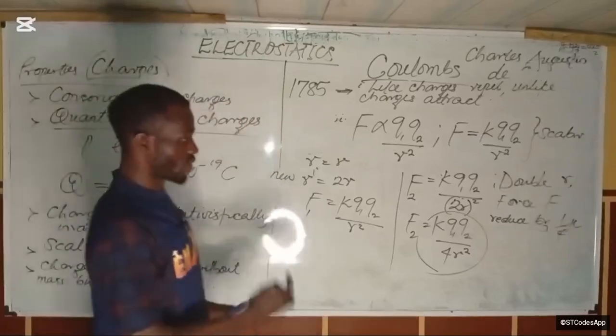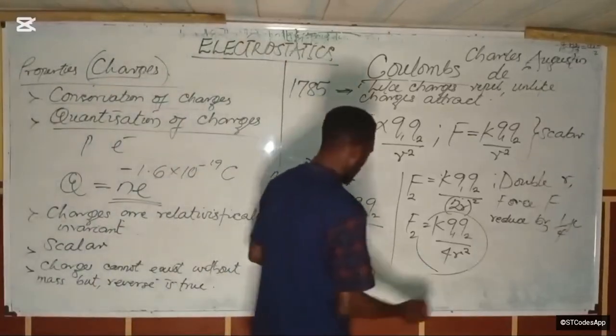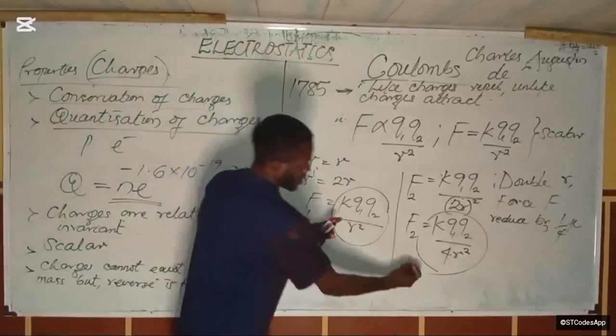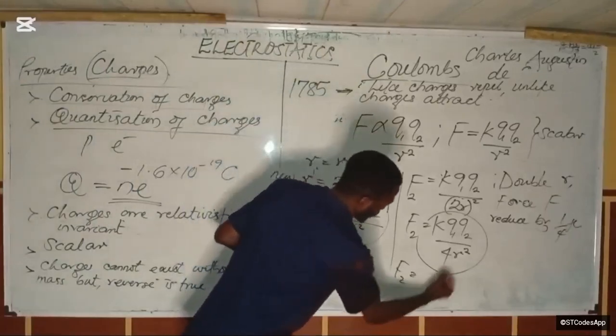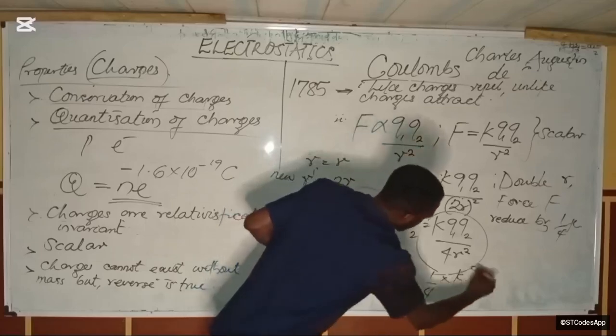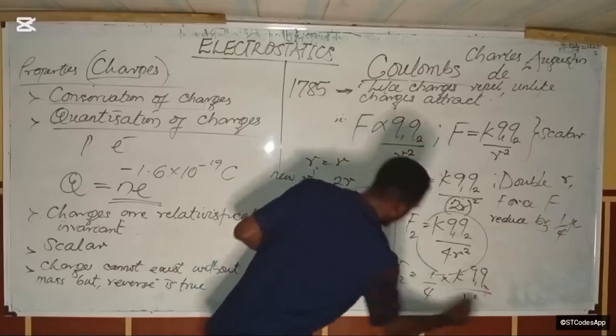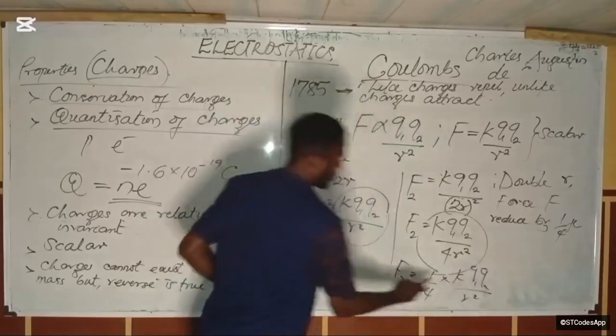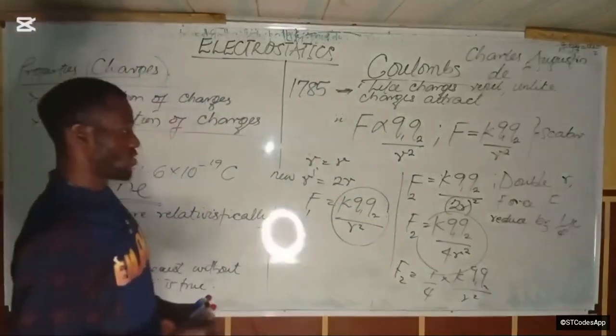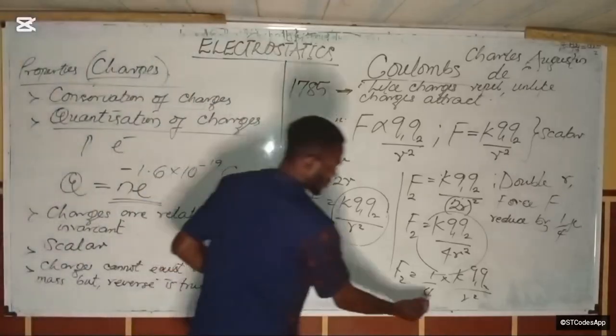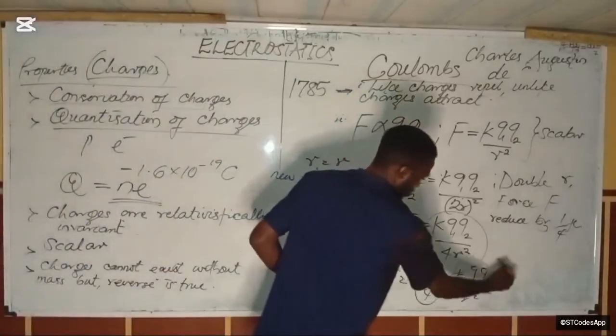Exactly, reduced by 1/4. And that makes sense because this was what we got before. By the time you put that here, you have 1/4 times KQ1Q2 over R squared. This is that. So it's 1/4 of F1. You know this is F1, right?